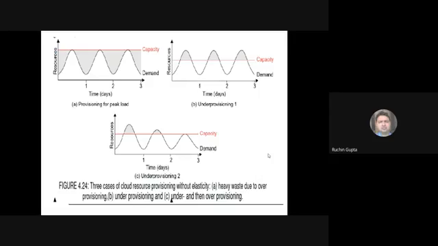And in case of over provisioning, more resources are available than the actual demand. Sometimes a number of resources are not utilized by the consumers, and the cost of the available resources is borne by the service provider. So both situations are not good.